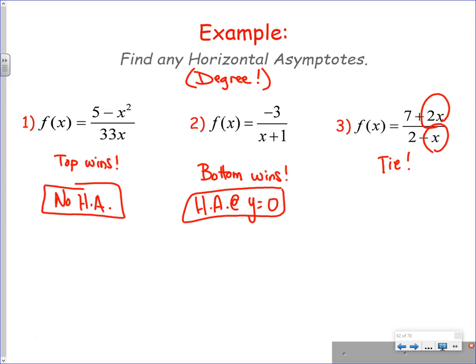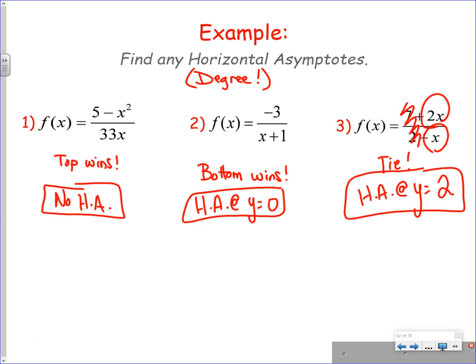So choose the 2x on top, choose the x on bottom, and you ignore the rest, the x's would cancel, and you would just have 2 over 1, which is 2. When I say ratio of the leading coefficients, I just mean choose the numbers in front of your strongest terms. That's your horizontal asymptote.